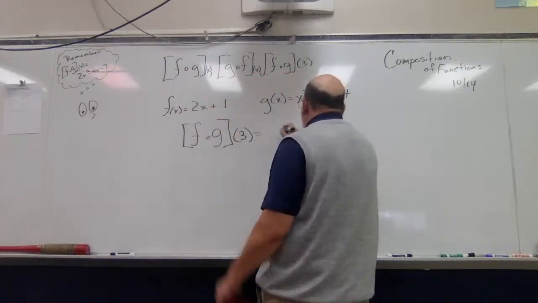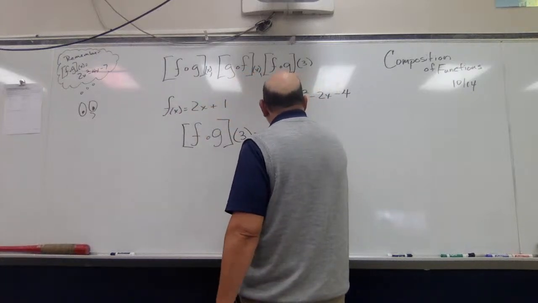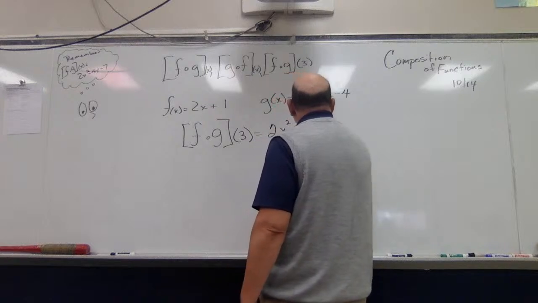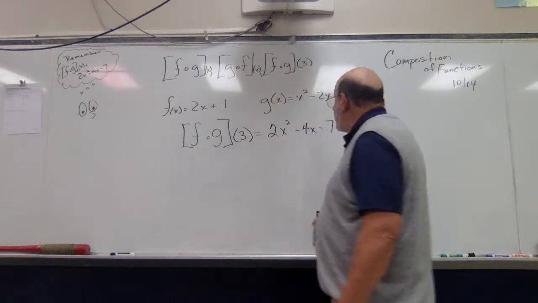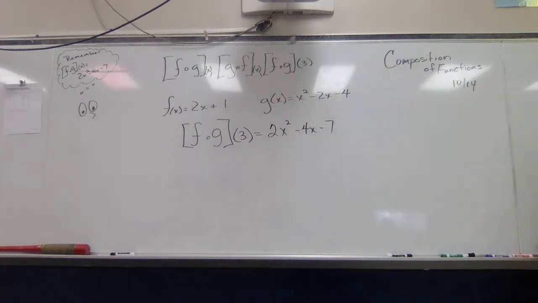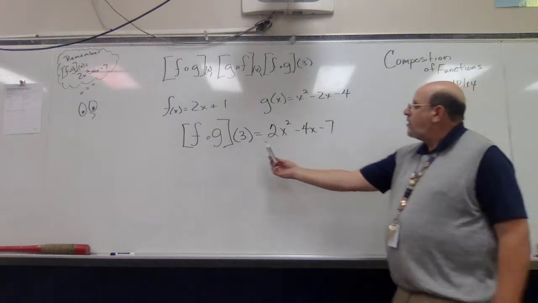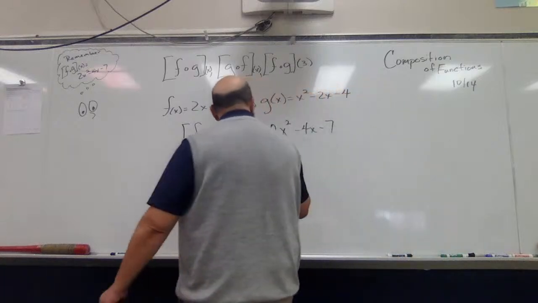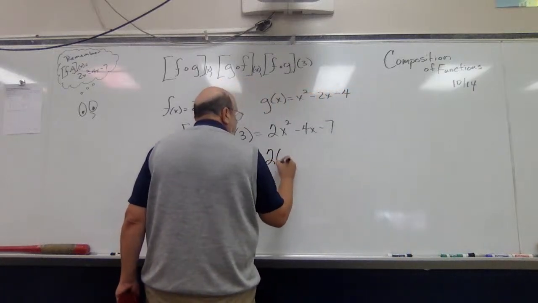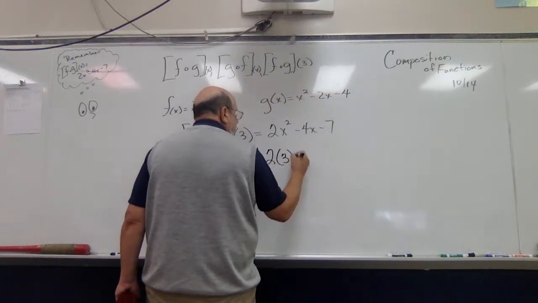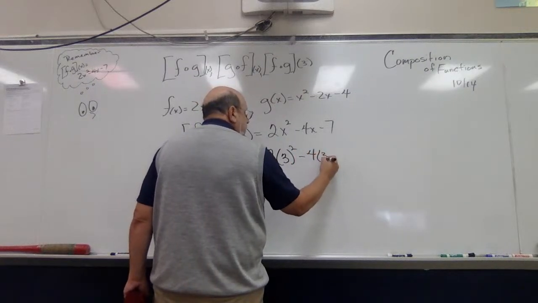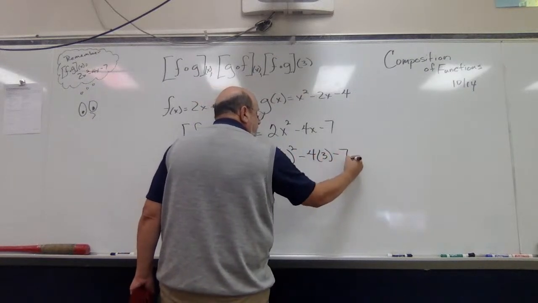And remember, we said it was 2x squared minus 4x minus 7. Good? Now it says put in a 3 everywhere you see an x. So it's going to be 2 times 3 squared minus 4 times 3 minus 7.